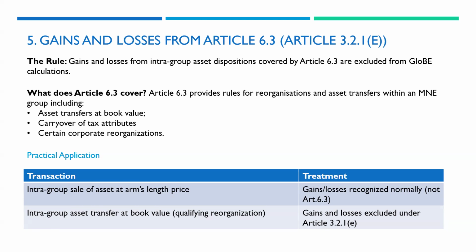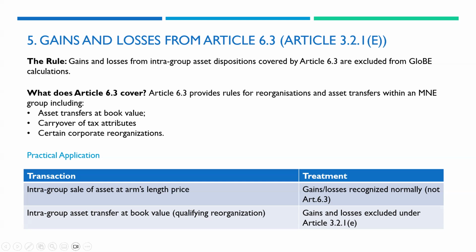Okay. But for the ease of this chapter, because I don't want to bring too much information, asset transfers at book value or certain corporate reorganizations or carryover of tax attributes. If there is a reorganization and if I have a carry forward loss also, would that be there in the P&L in my company books? There would be a deferred tax asset for sure.